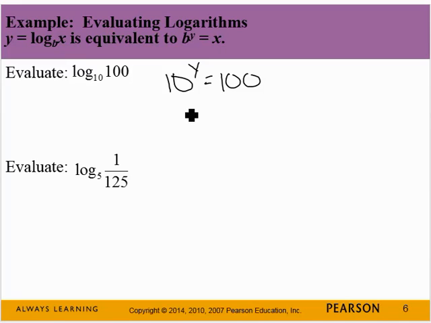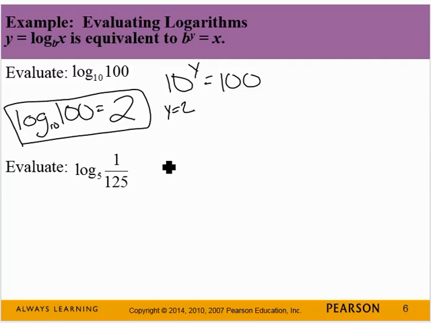So that means y would have to be what? You want to think, 10 to what power gives me 100? That would be 2. So your answer, log sub 10, 100 equals 2.